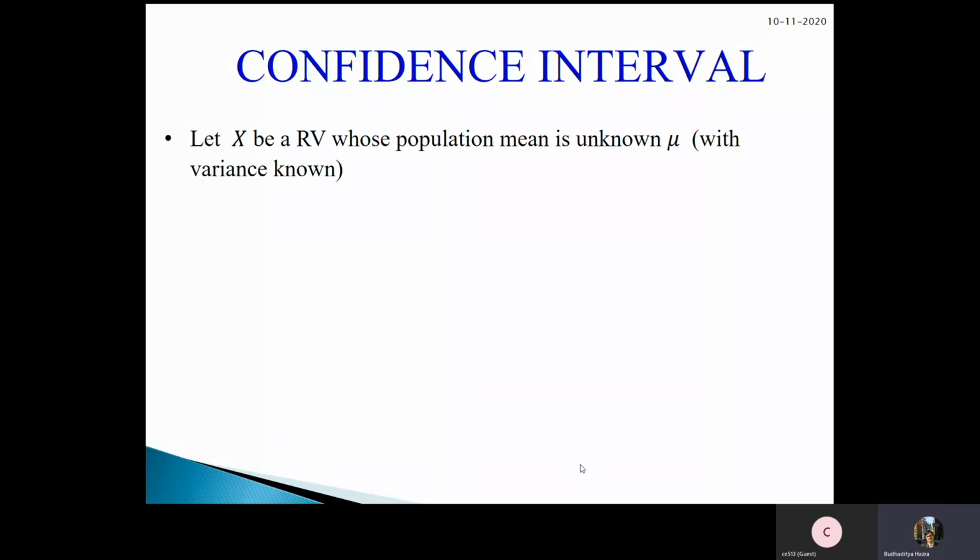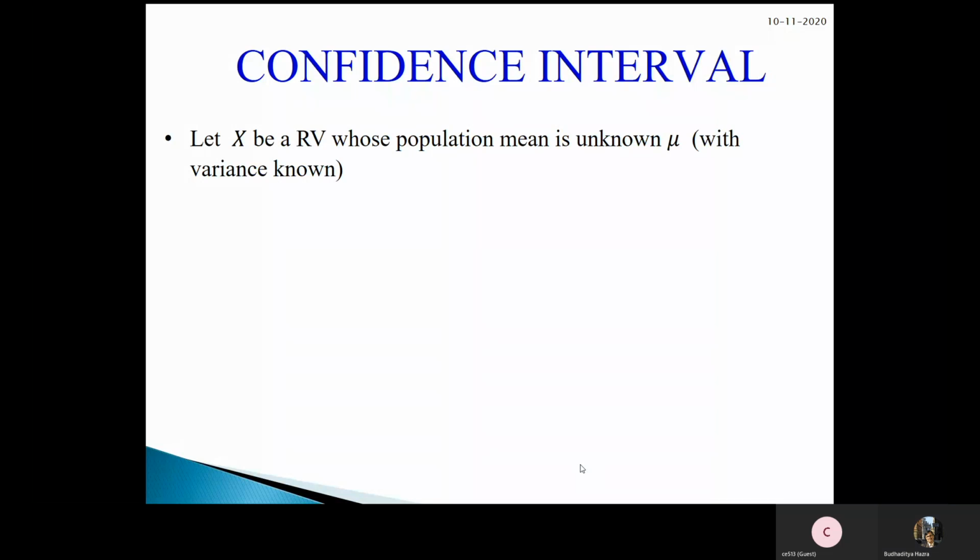Let X be a random variable whose population mean is unknown, right? So what is the population mean? It is basically the integral of x p(x) dx from minus infinity to infinity. That theoretical quantity is called the population mean. Let us also assume that the variance is known.